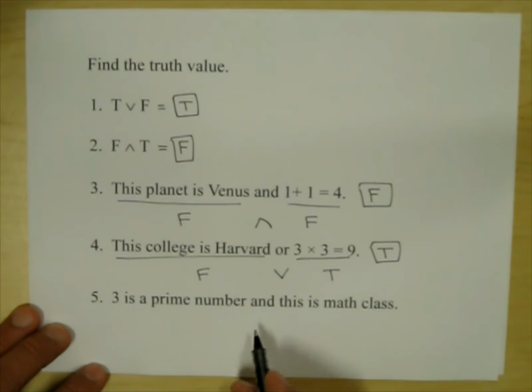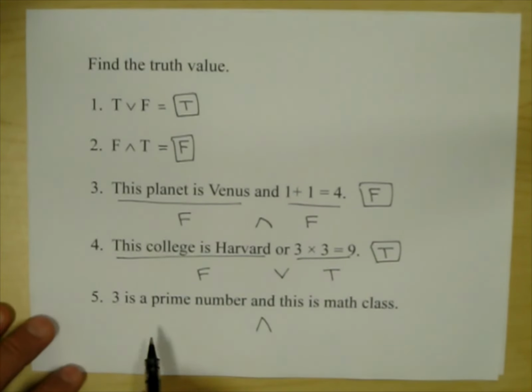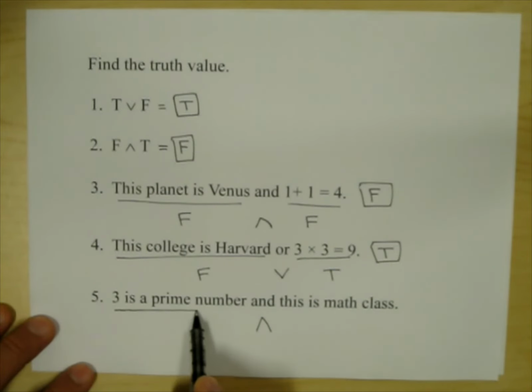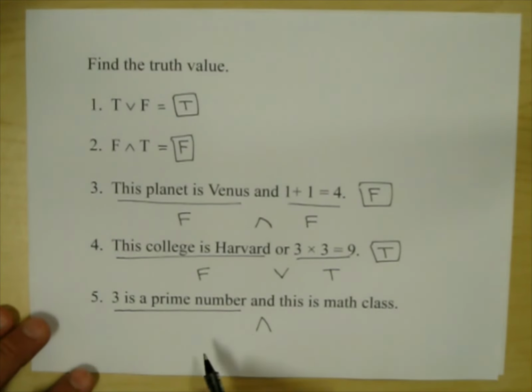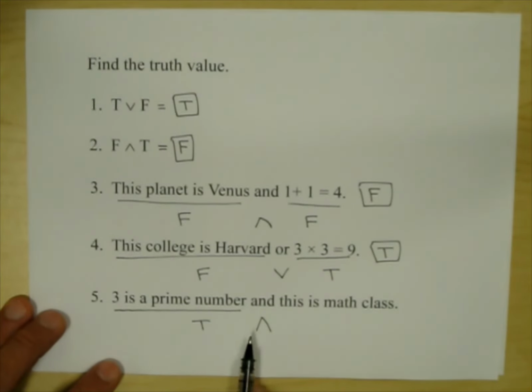Okay, this last one, here's the and, so we'll put the and there. It's the strict one. 3 is a prime number. Well, if you go back and look at that list, or maybe you just remember, you can see that that one is true. Because and is strict, we're still not out of the woods. We have to analyze this one right here.